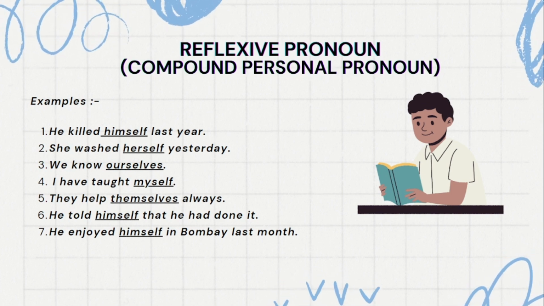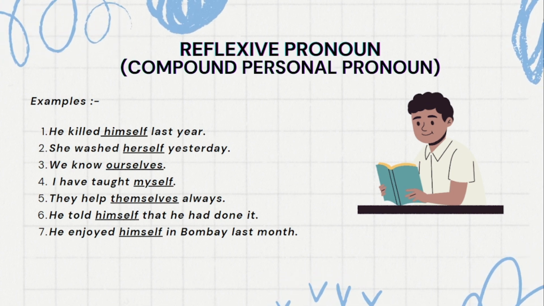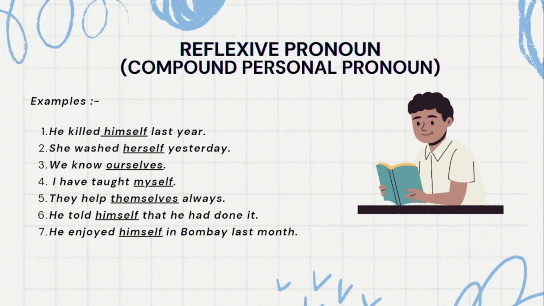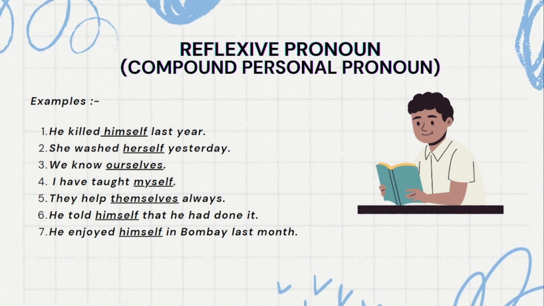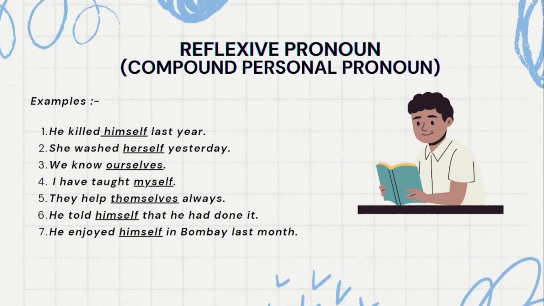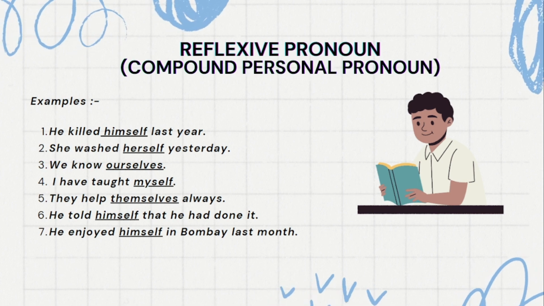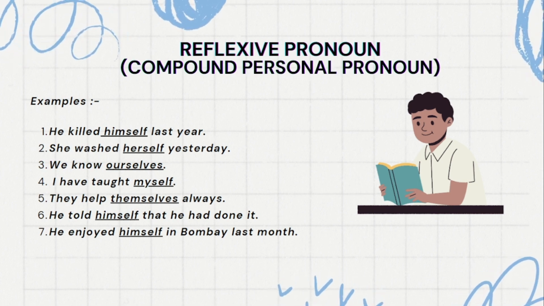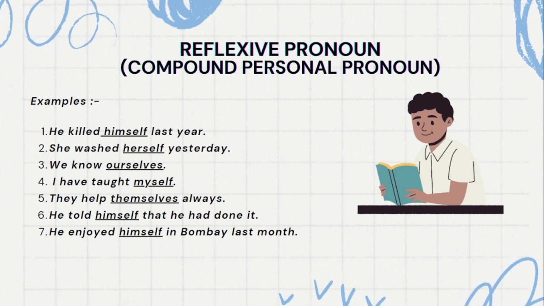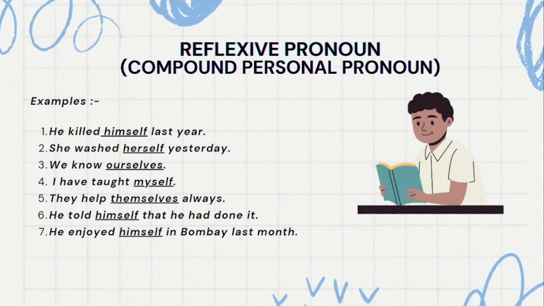Observe it. Here, what is the work of reflexive pronoun himself in this sentence? Himself turns the action of the verb enjoyed falls upon the subject he.